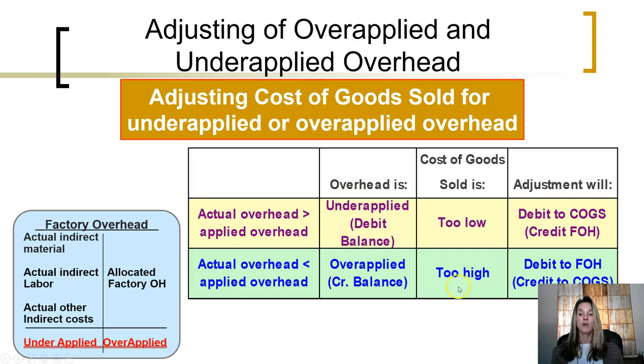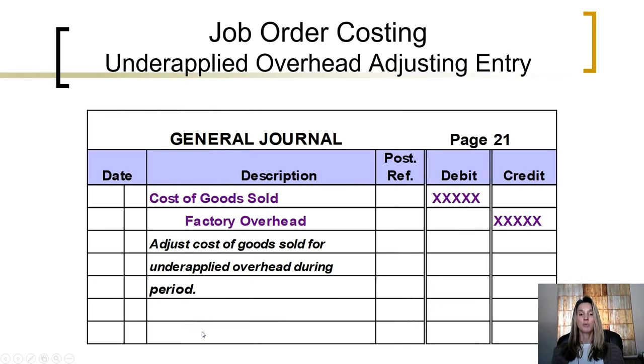So to correct that, we are going to debit factory overhead and credit cost of goods sold. That journal entry will decrease the amount of our cost of goods sold and clear out the balance in the factory overhead account. So after this adjusting entry is recorded, factory overhead will be zeroed out.